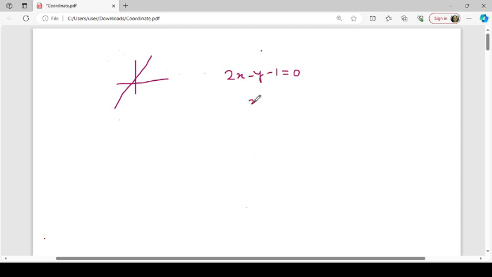Suppose x is equal to 6. If x equals 6, then from this equation we can find the y coordinate. So it is 6 into 2, 12, minus y minus 1. So y must be 11. So what we have is that (6, 11) is a point on the line.